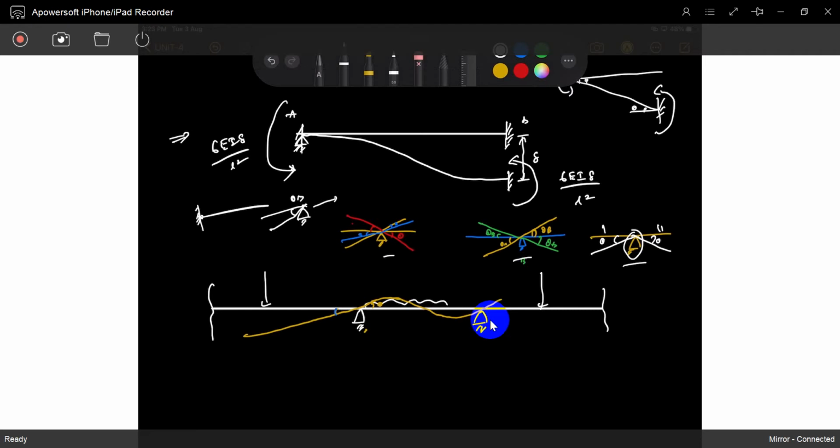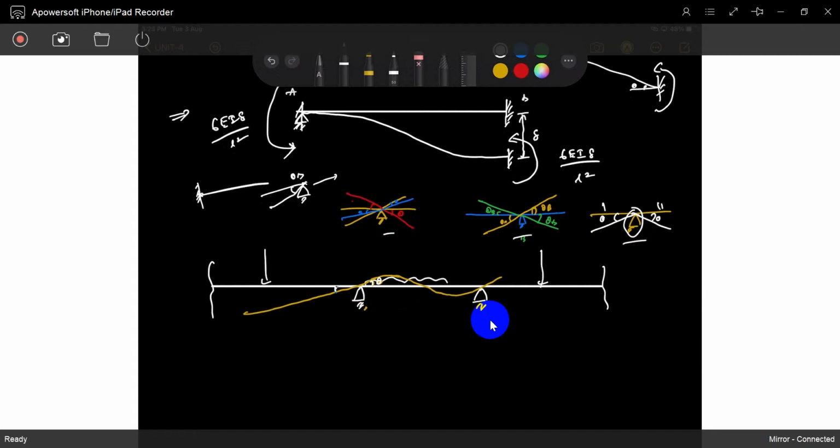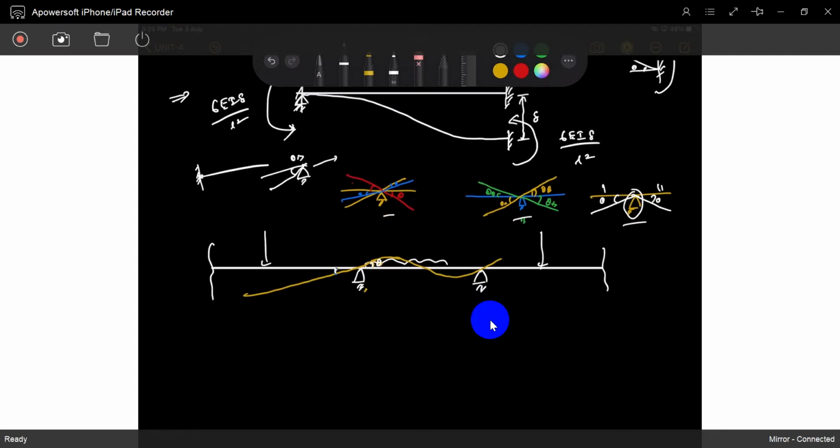It may be clockwise or anti-clockwise. So first we will see how to calculate the moments.